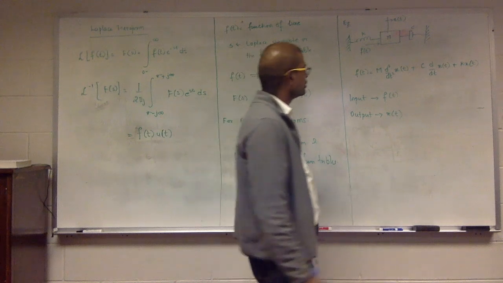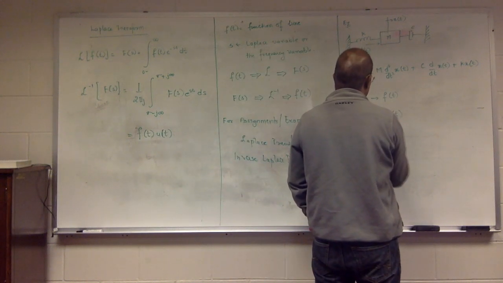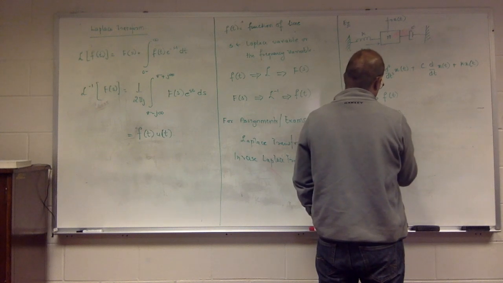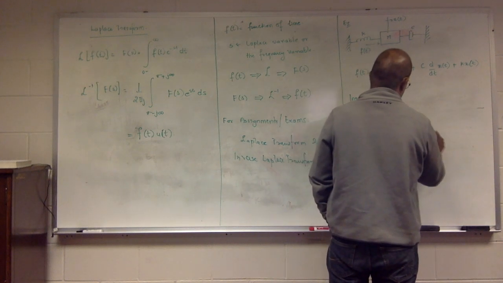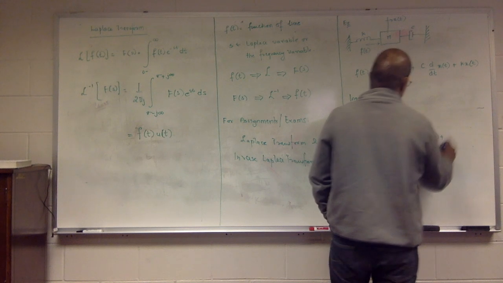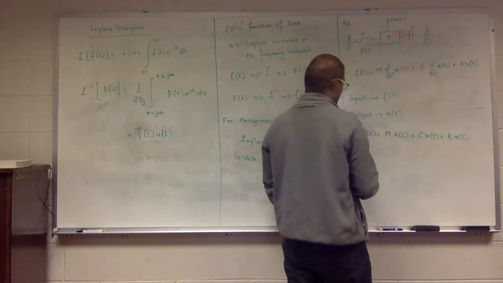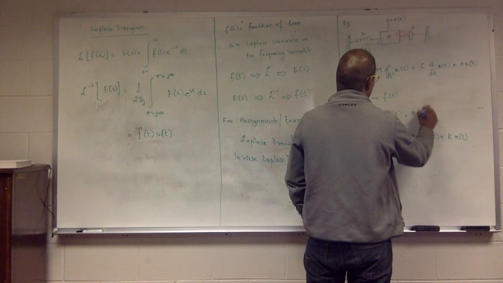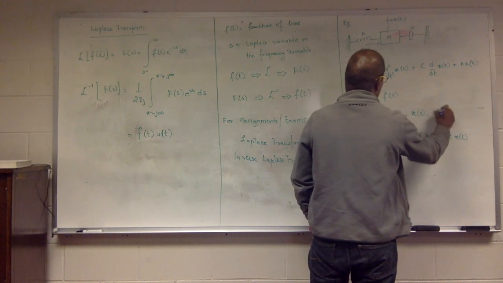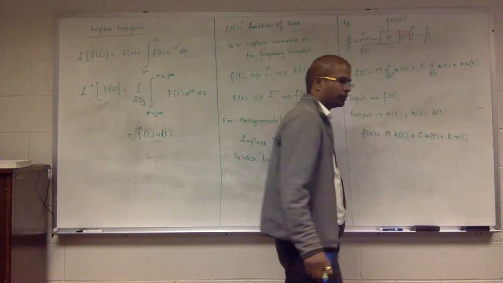X of t, or if I write this again, f of t is equal to m x double dot of t, plus c x dot of t plus k x of t. So output can be x of t, x dot of t, x double dot of t. Okay, this is displacement, velocity, acceleration.